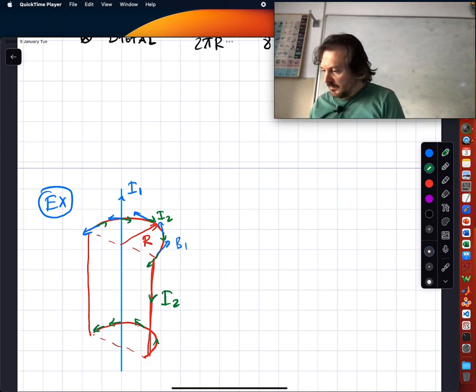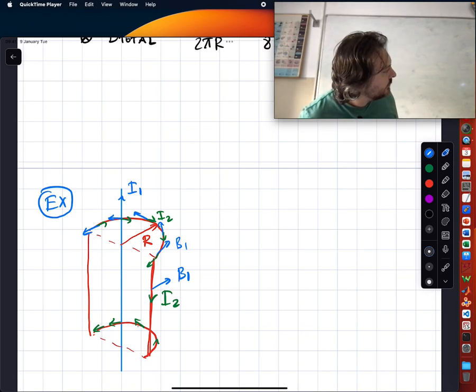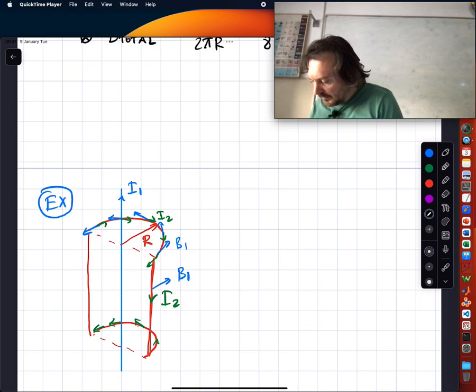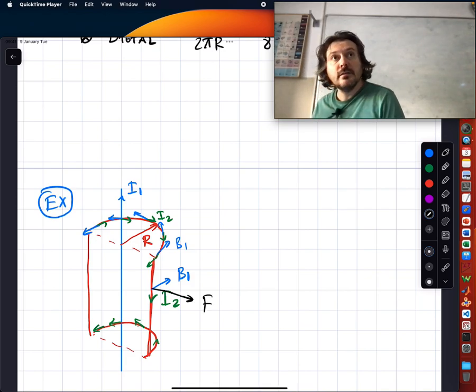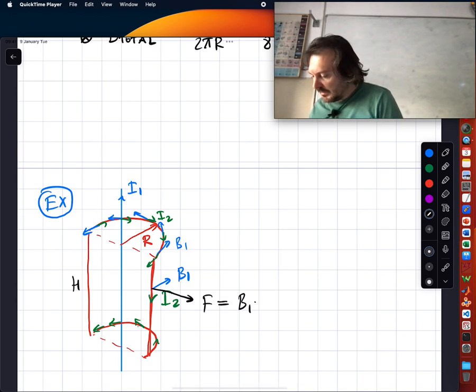All right. For this one, the magnetic field is like this. And which way is the force? Right. In this direction. Right? And it will be basically B1 times, let's give it a height h, B1 times I2 times h.